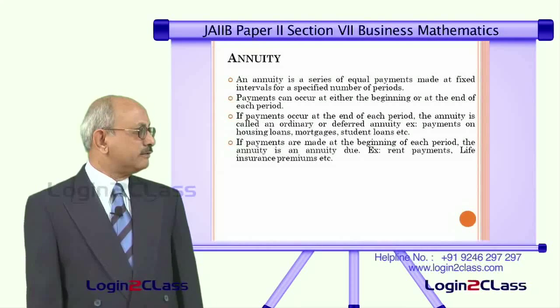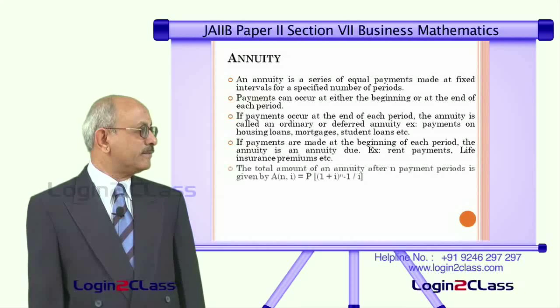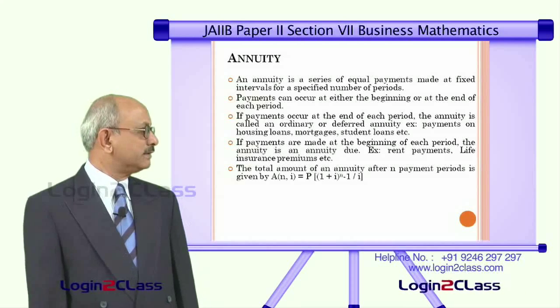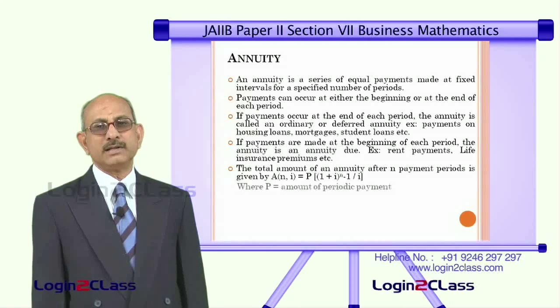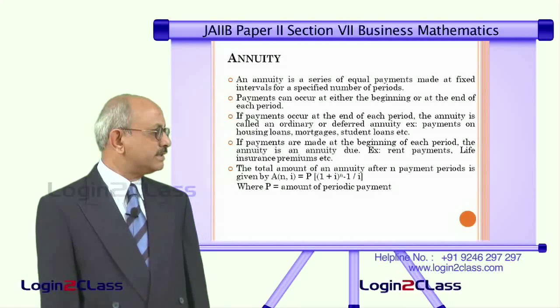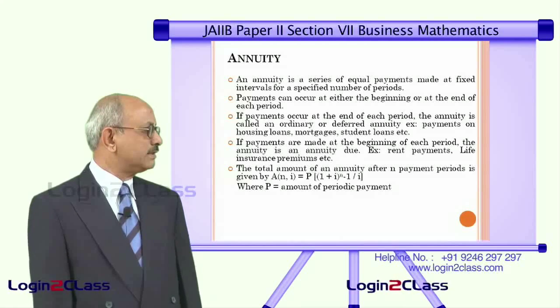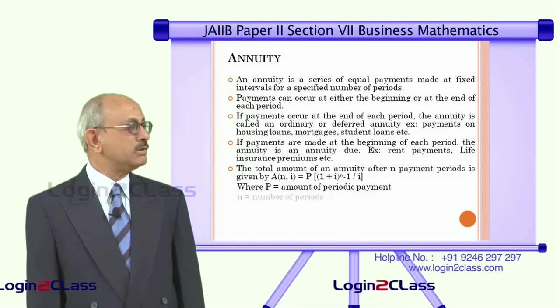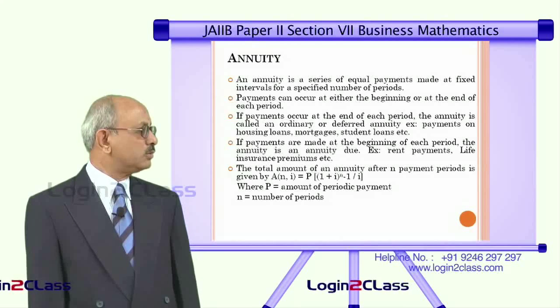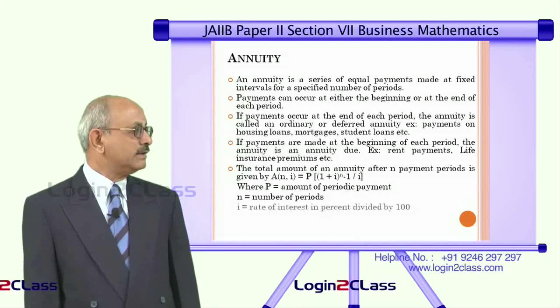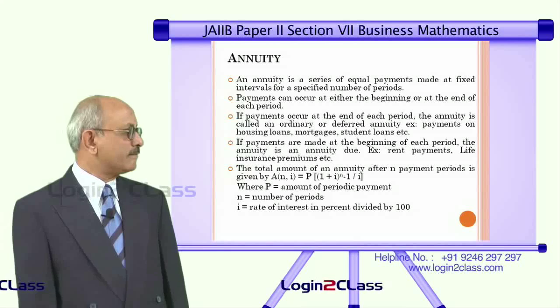So, here the formula for calculating annuity is given by A n I, that means for given n and I, that is n is given, the number of periods is given, the rate of interest is given, is equal to P into [(1 plus I) raised to n minus 1] whole divided by I. This is the formula for calculating annuity.